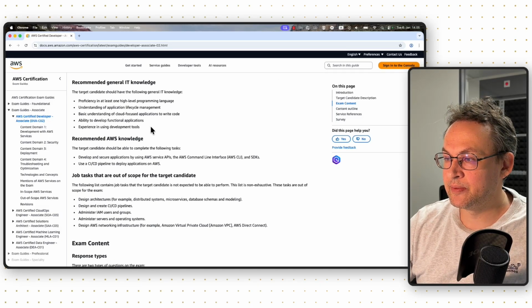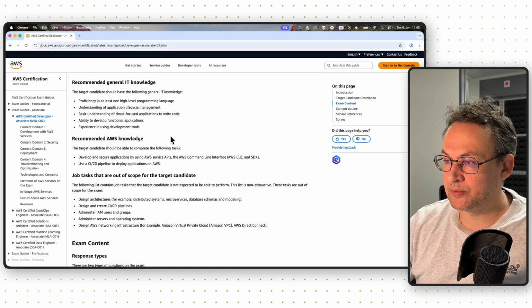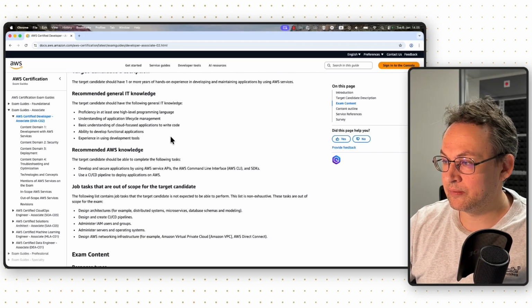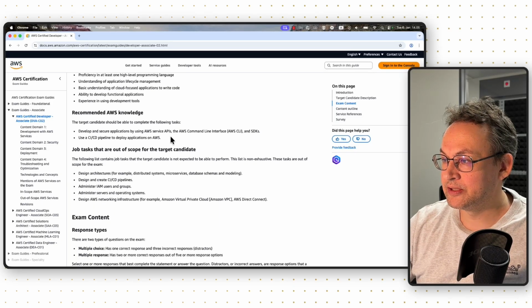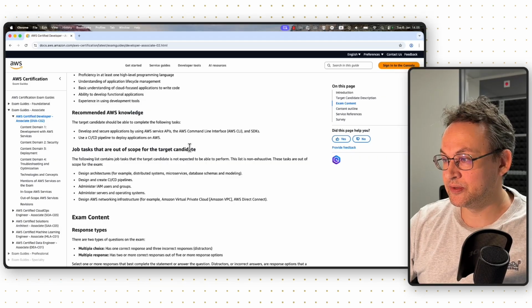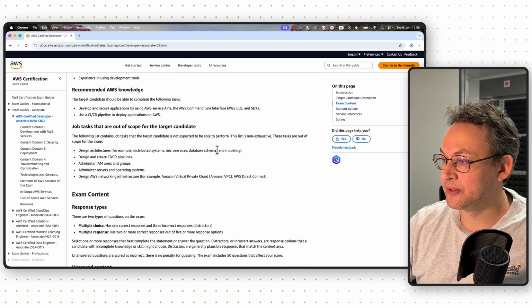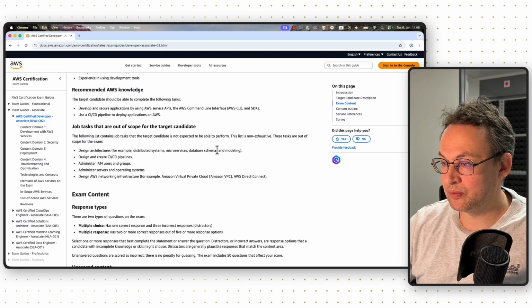So you are expected to be able to develop functional applications, have experience in development tools and in application lifecycle management. You must know at least one high-level programming language. Recommended AWS knowledge is you must be able to develop and secure applications by using AWS Service APIs, CLI and SDK, and use CI/CD pipelines to deploy applications on AWS.